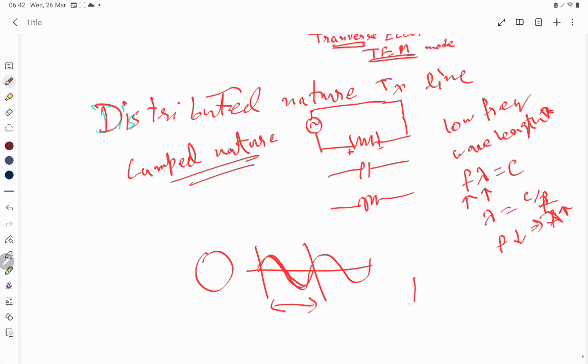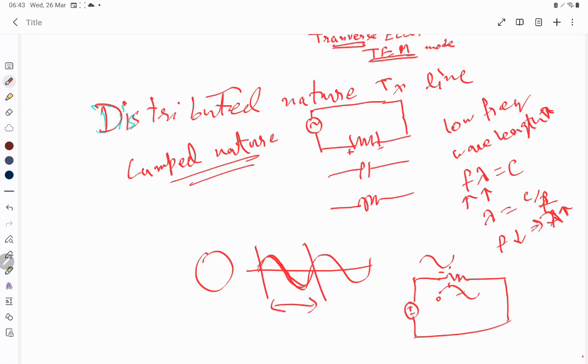But at higher frequencies, when your wavelengths get comparable to your resistor size or your lumped element sizes or your network element sizes, what happens? There is a considerable potential change across the resistor. So you have a different potential distribution across your resistor. At some point it is, say, 0 volt. At some point it is reaching a maximum.